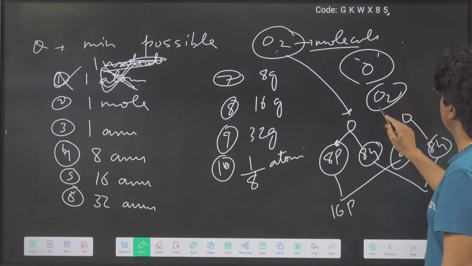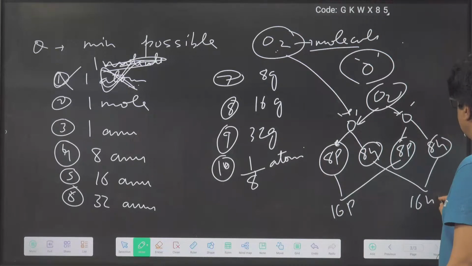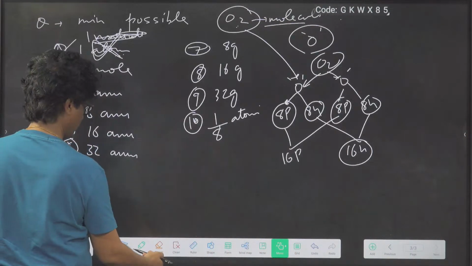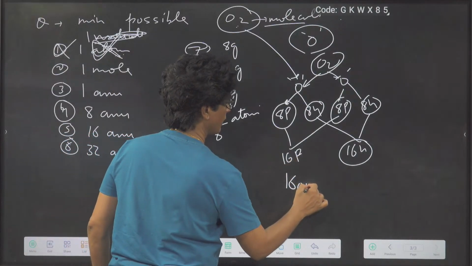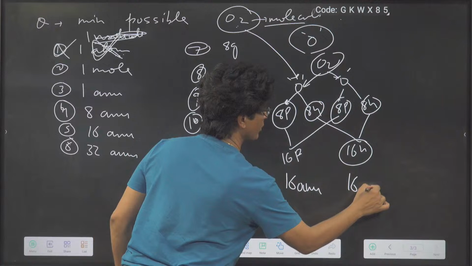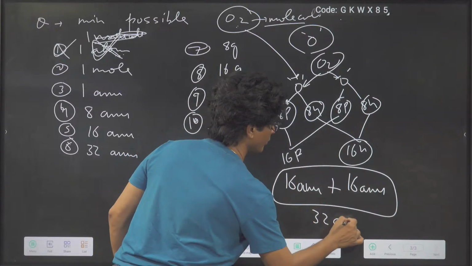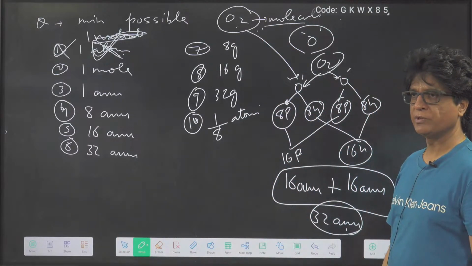O2 contains oxygen and oxygen. Yes or no? 16 neutrons. And if that is the case, we will have 16 AMU plus 16 AMU. Total becomes how much? Come on. 32 AMU. So that is the minimum possible oxygen molecule available to us, right?